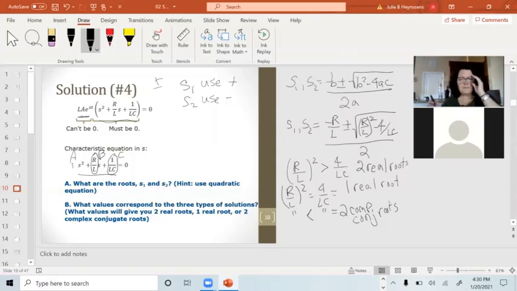The punchline here: if I have 1 real root, this is critical damping. If I have 2 complex conjugate roots, this is under damping.